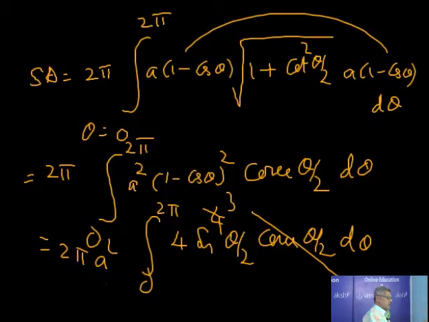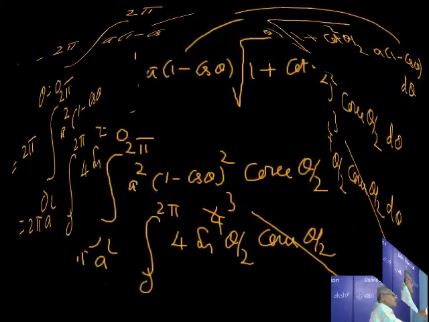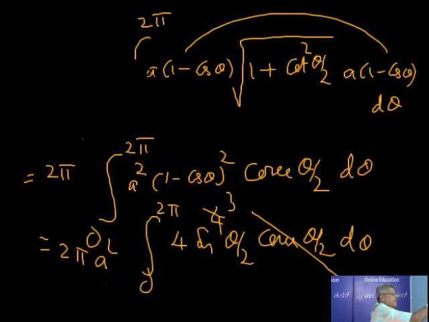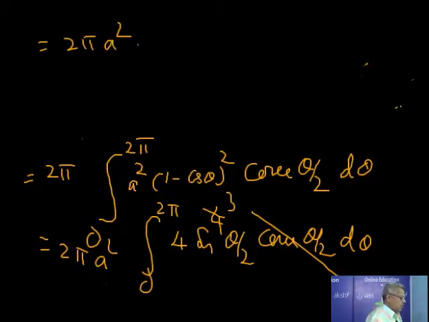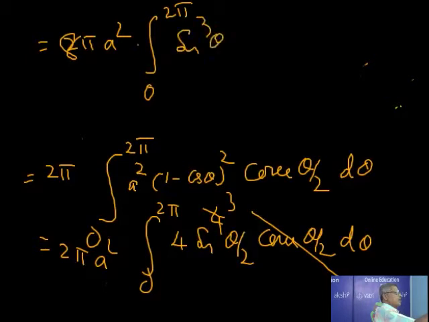So first of all, I am converting theta by 2 as t. I want to retain this step, that's why I am erasing like this. Otherwise we can erase 2 pi a square. 2 pi a square, 4 is there, you get 8 pi a square, integral 0 to 2 pi sin power 3 theta by 2 d theta.